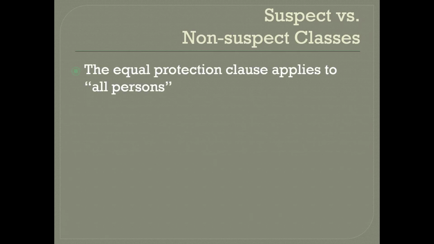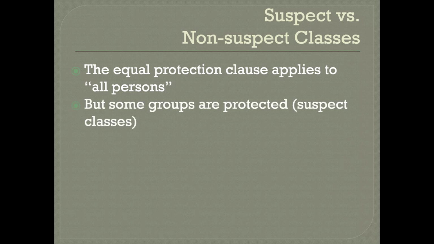And if you'll recall, the relevant portion of the 14th Amendment says, "No state shall deny to any person within its jurisdiction the equal protection of the laws." And so our focus here is on that phrase, any person, because the Equal Protection Clause supposedly applies to all persons. However, as we've already mentioned, lots of laws discriminate. And in fact, the way the Supreme Court has interpreted the 14th Amendment is that some groups are protected by the 14th Amendment.